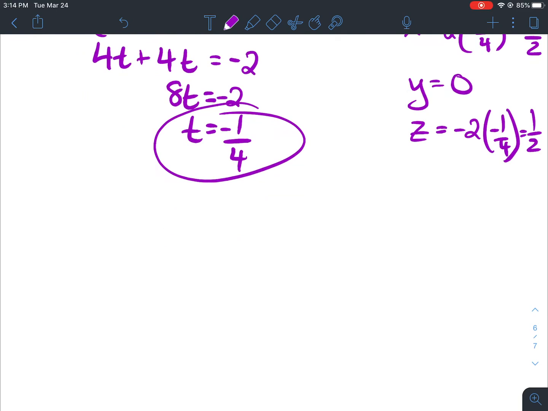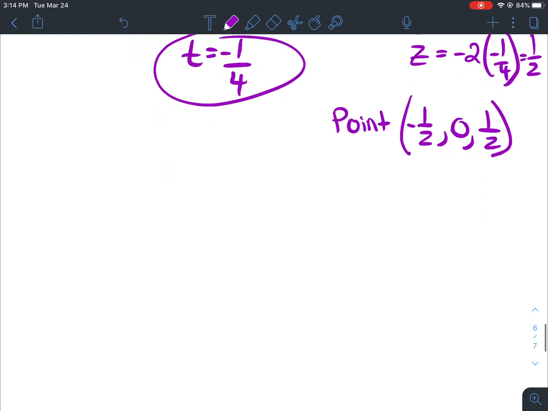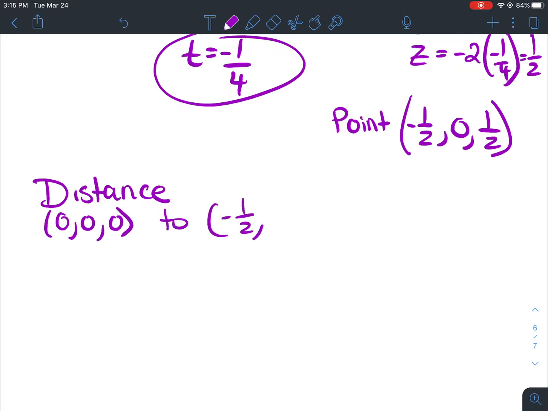Okay, so now we have a point on the plane where they intersect, which is going to be the point negative 1/2, 0, 1/2. Now all we have to do is find the distance, from the point 0, 0, 0 to negative 1/2, 0, 1/2.